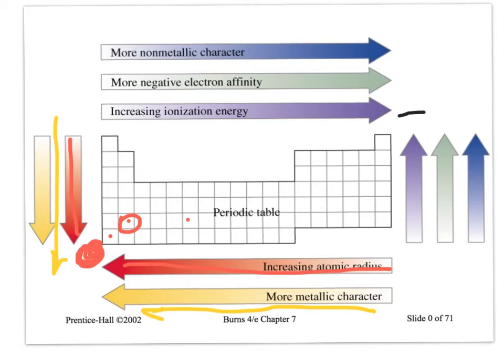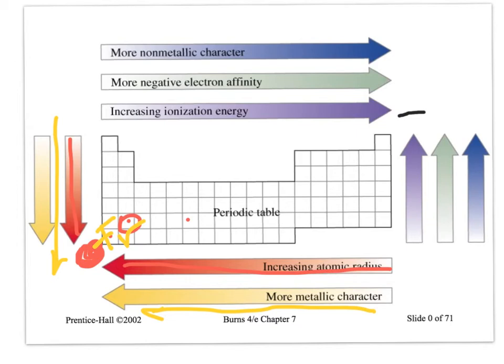And again, the element with the highest metallic characteristics is francium, located in this part of the periodic table. Again, it is the lower left part of the periodic table.